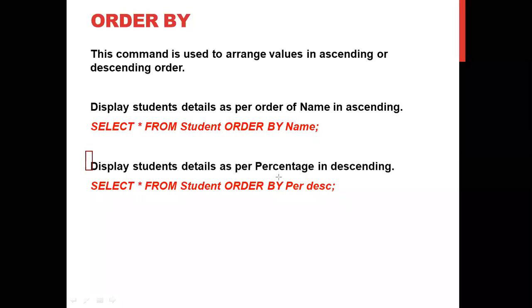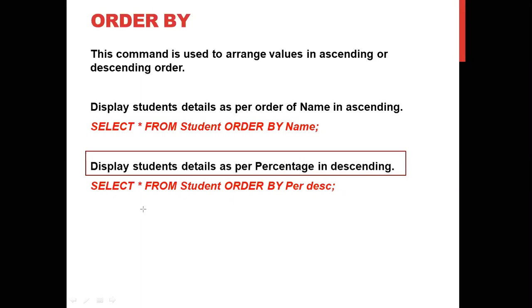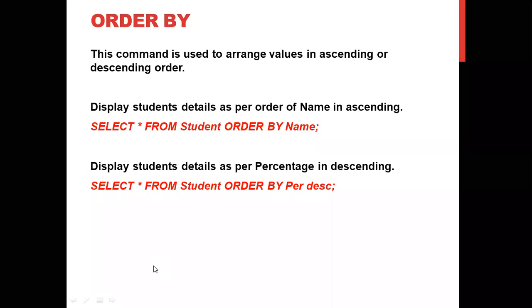Next example, student details as per percentage in descending order. We write select star from student ORDER BY percentage, and we write DESC here, which means descending order. It means if we want to display data sorted, then we are using ORDER BY.